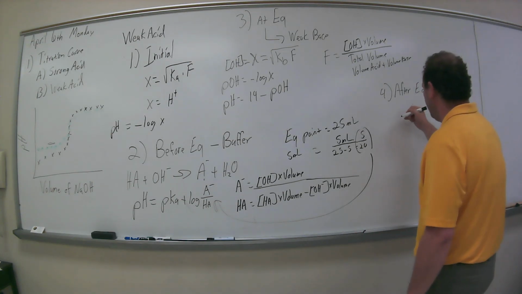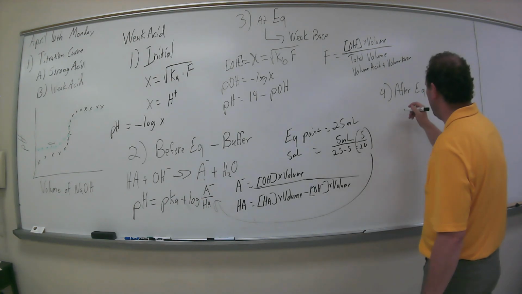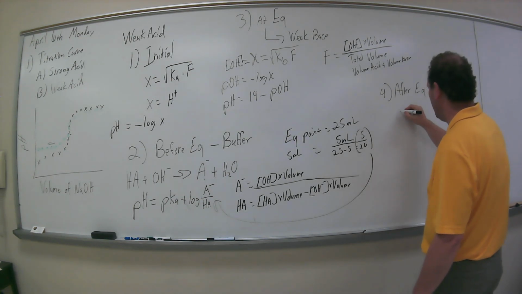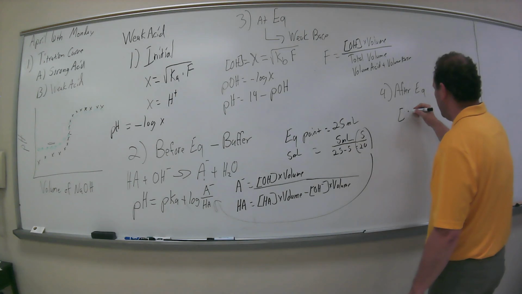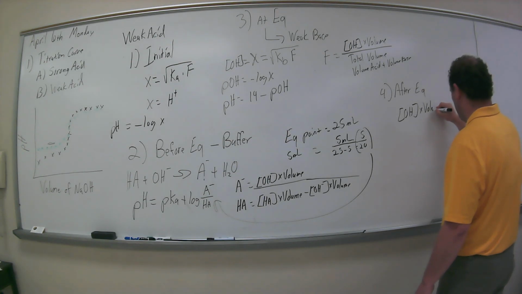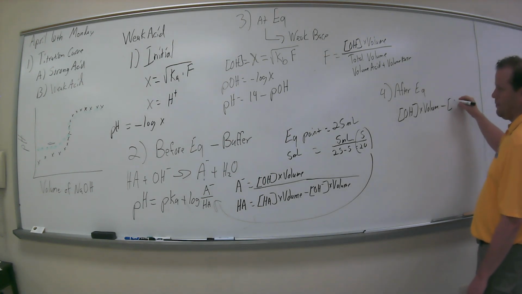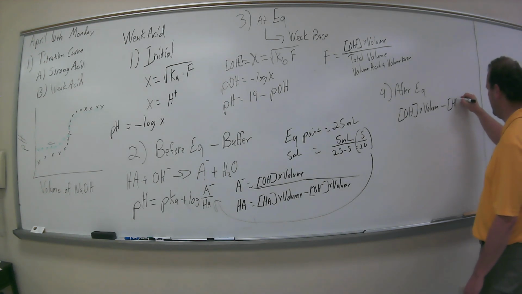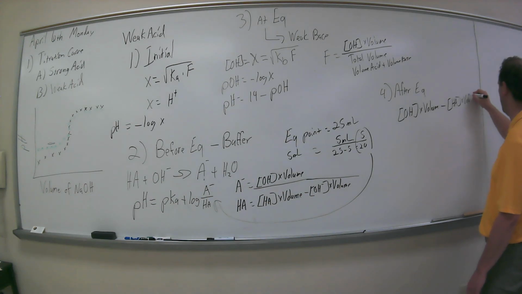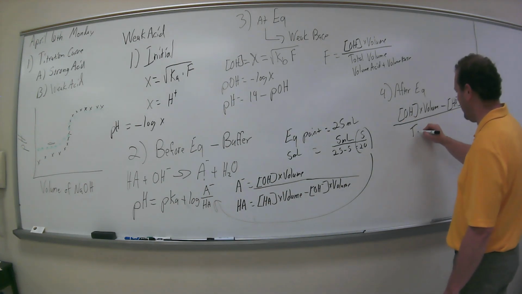So we want to set it up just like we did the strong base or strong acid problem. We want to take our hydroxide concentration times its volume, and then subtract how much of our weak acid we had times its volume, and then simply divide by our total volume.